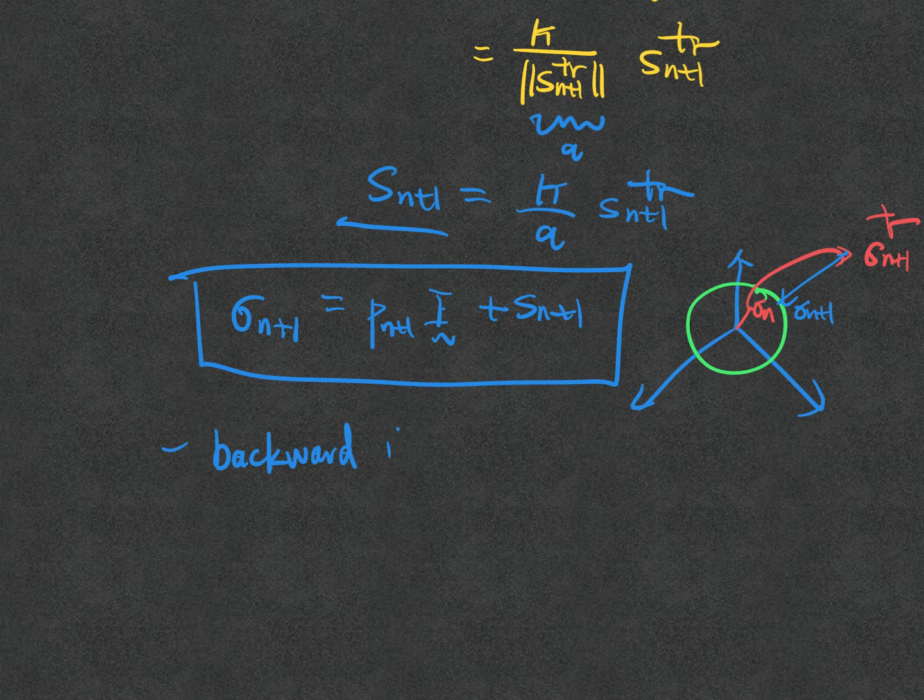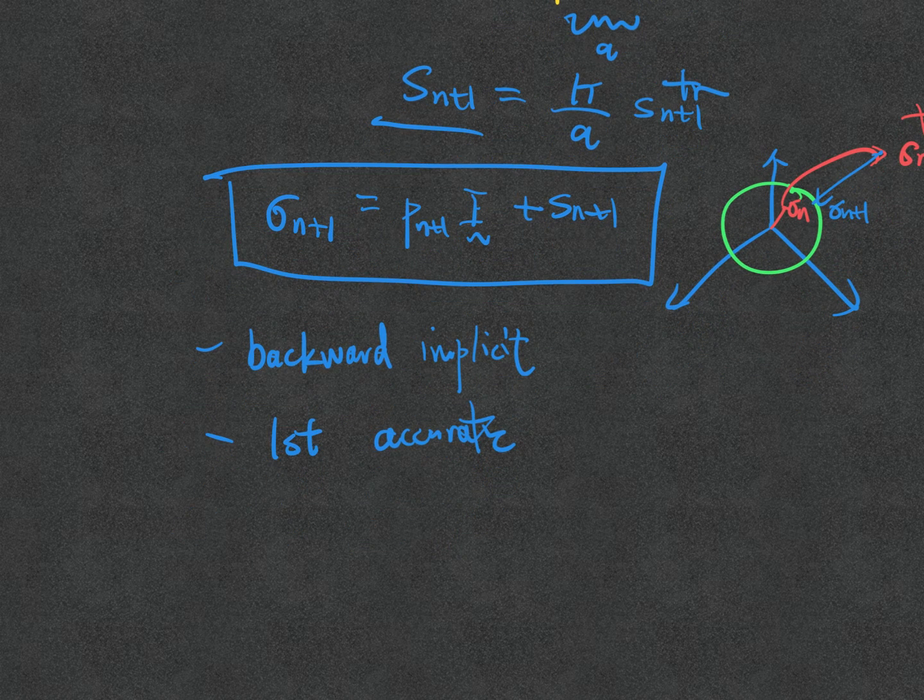Now this problem is backward implicit, because of the time integration term that I use. As a result, it is only first order accurate, because of the error generated from the backward difference.